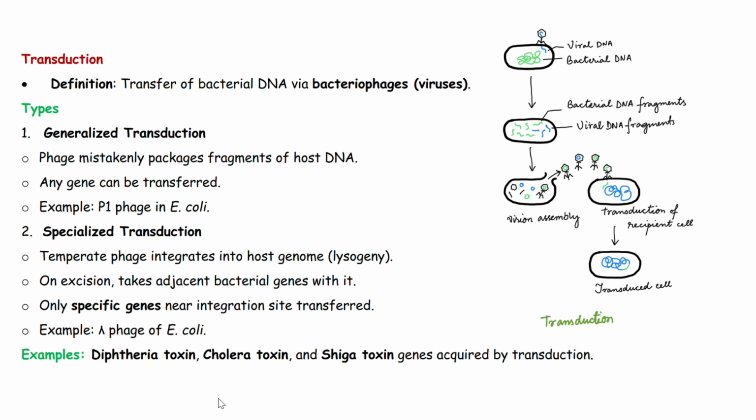These specific genes are then moved into the next host cell during infection. Transduction is important because it can spread dangerous traits like toxin genes. For example, the diphtheria toxin and cholera toxin genes were acquired by bacteria through the transduction process.